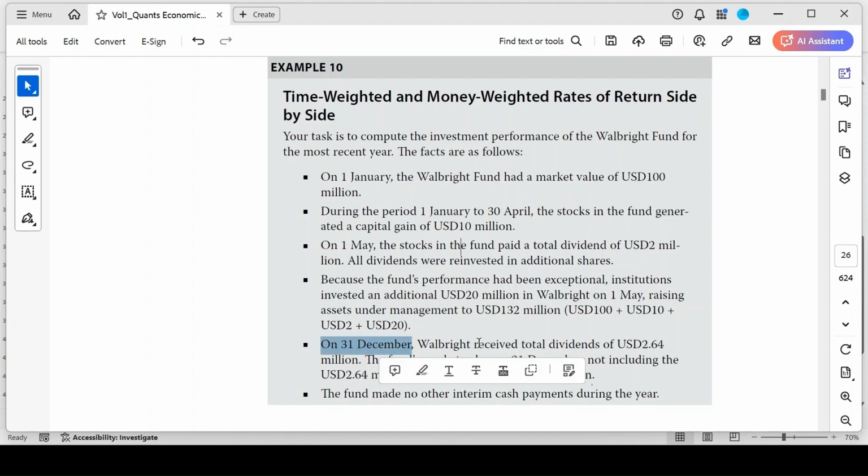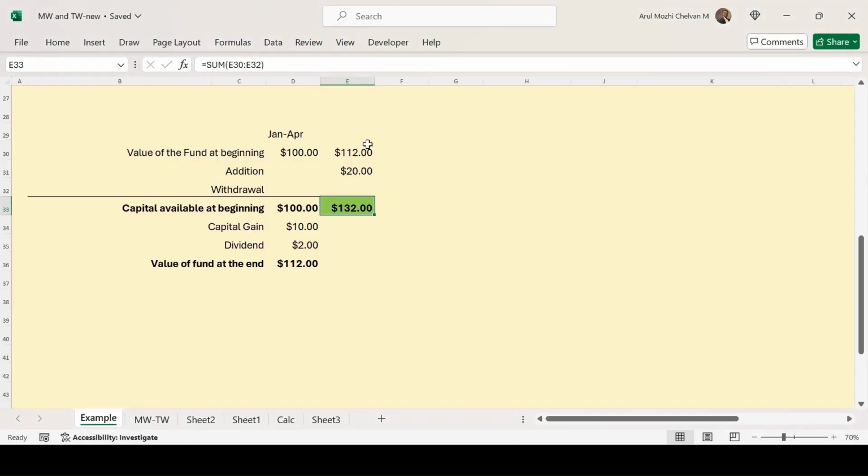On 31st December, Wallbright received a total dividend of $2.64 million. So the next period will be May to December, and they have received a dividend also. Let us put that. This period is May to December. They received a dividend of 2.64 million.